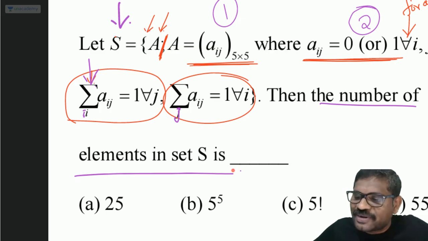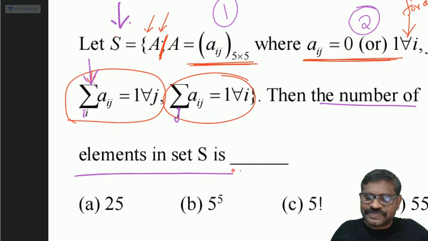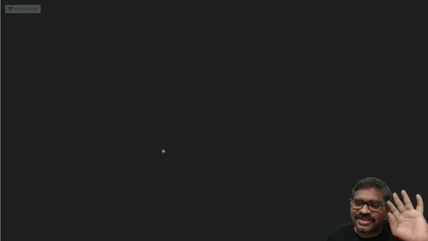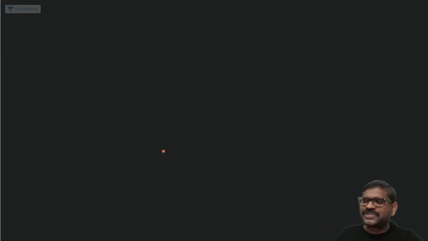Concentrate here. Please observe. For any such conditional problem, you just take 2 cross 2, then 3 cross 3, then estimate for n cross n. That is the best method.